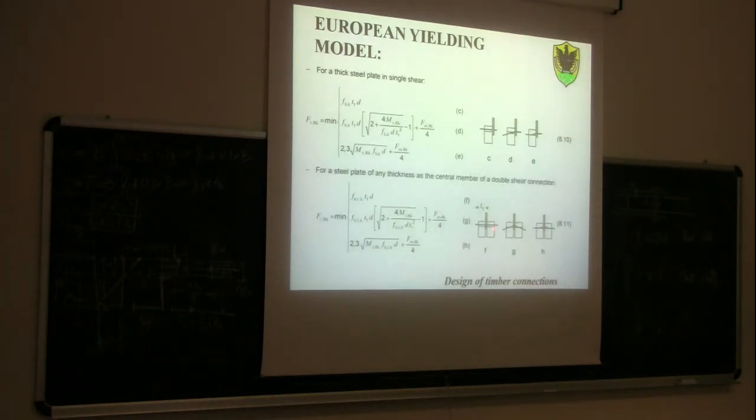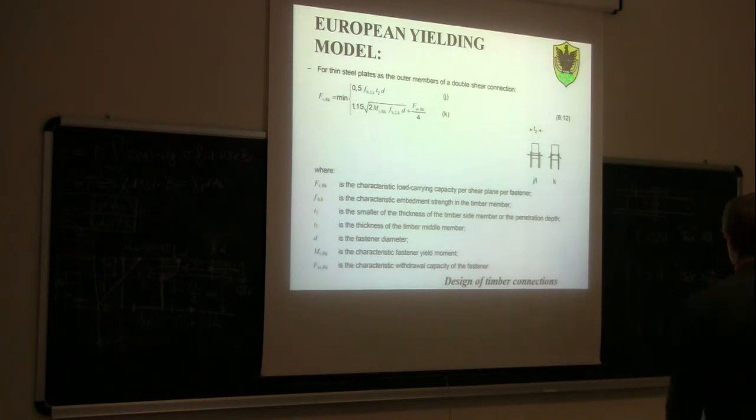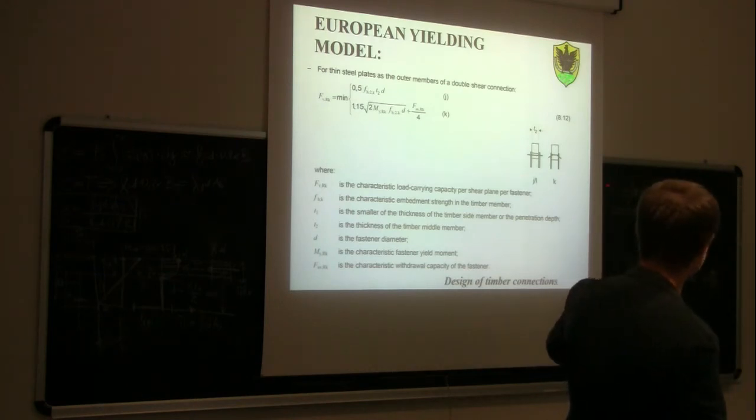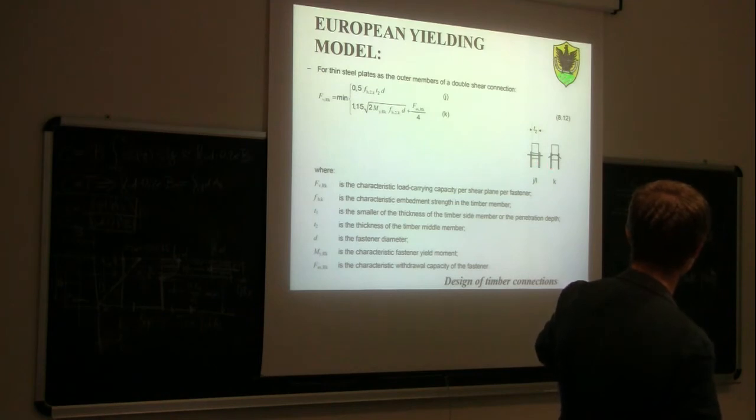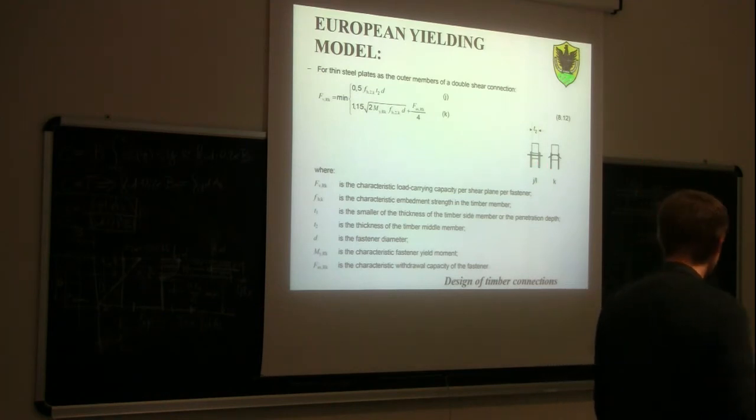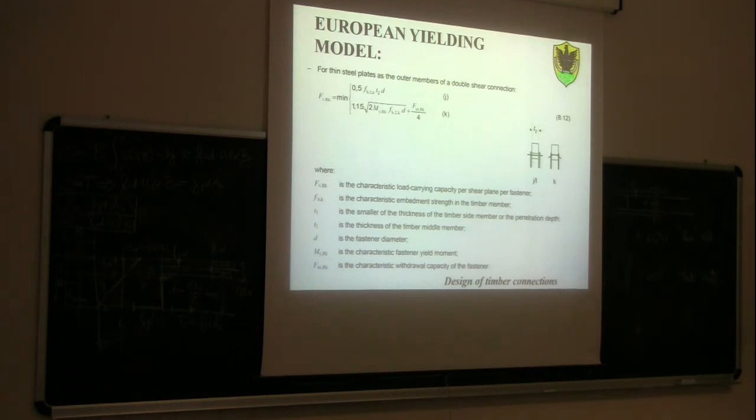Another type of connection could be instead one single steel plate with two timber members. Also here we can have crushing of wood, the formation of one plastic hinge in the dowel, and the formation of three plastic hinges in the third failure mode. Last, if you have two steel plates outside of wood, the first failure mechanism is basically that the dowel stays straight, so we have plasticization of the wood at the interface with the dowel.